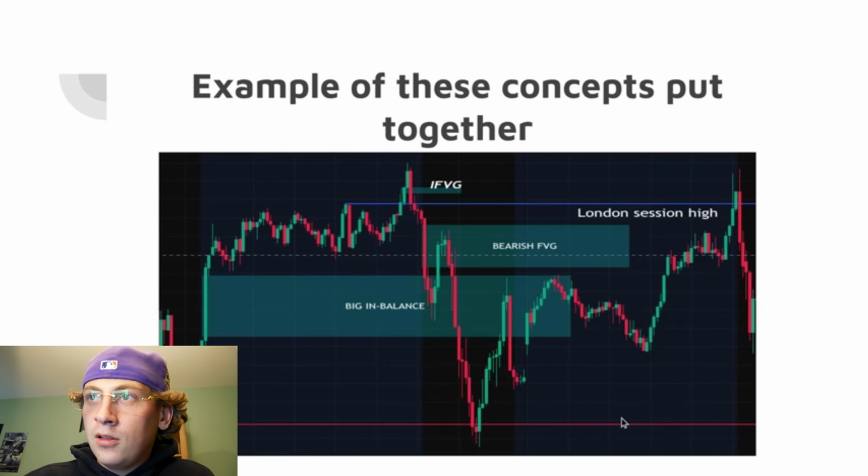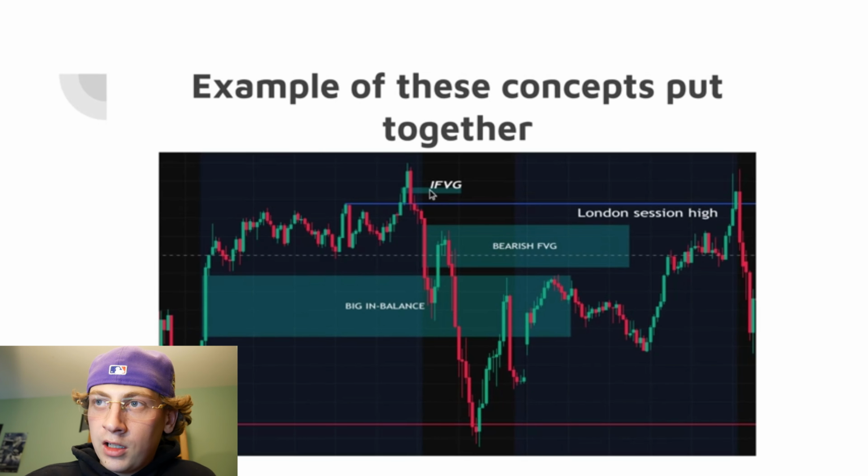So here's an example of all these put together. So everything's marked out. You got your lows, your highs that you're looking for. You have this big fair value gap here on the 1 hour. So price pushes up, takes out London session high here.